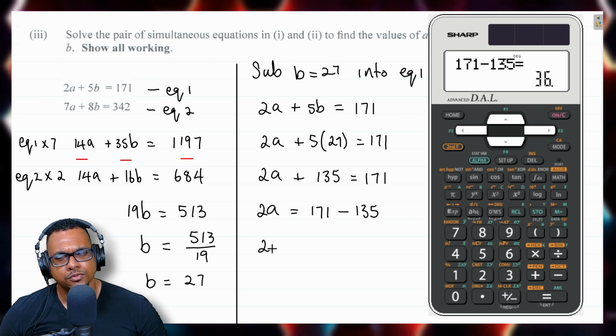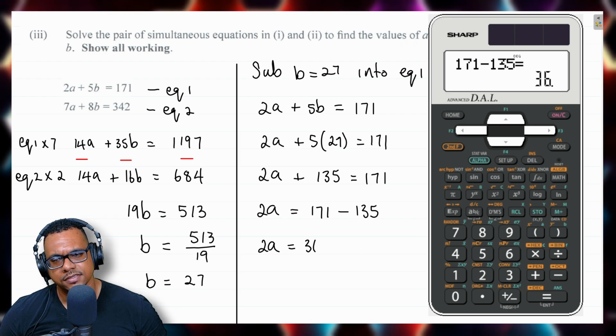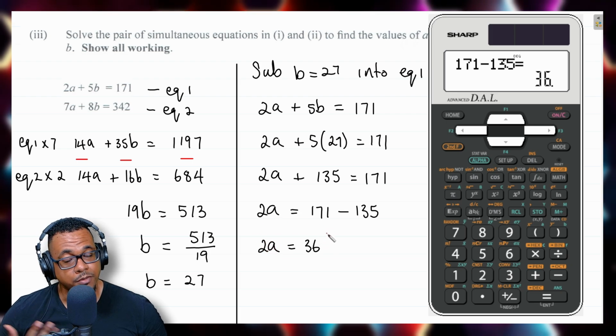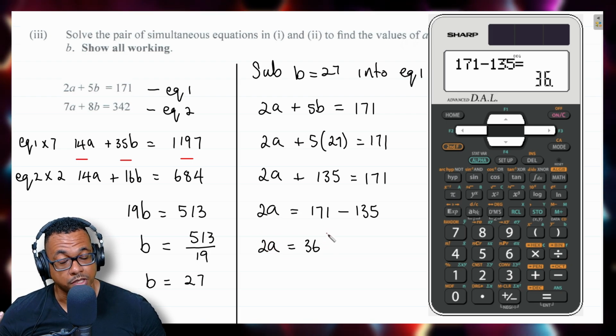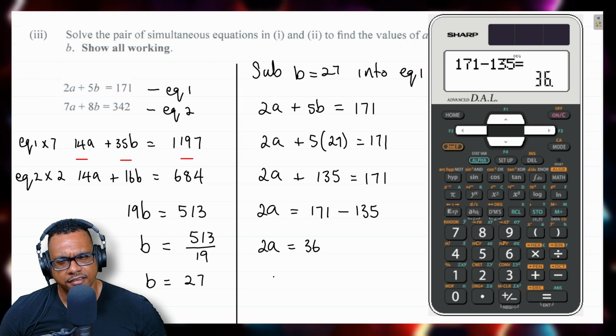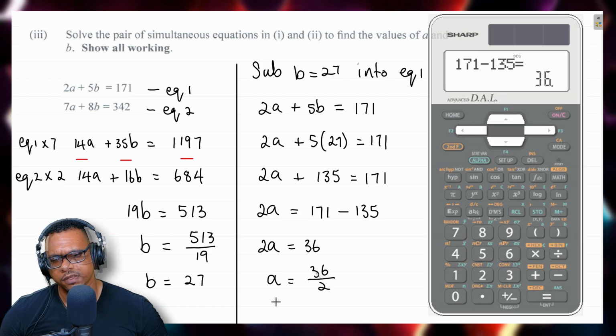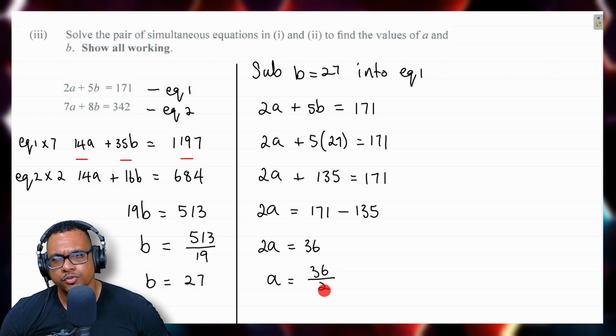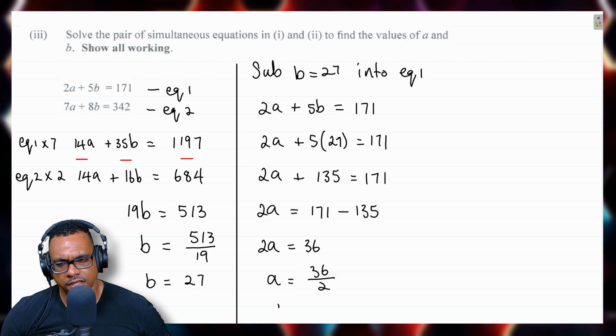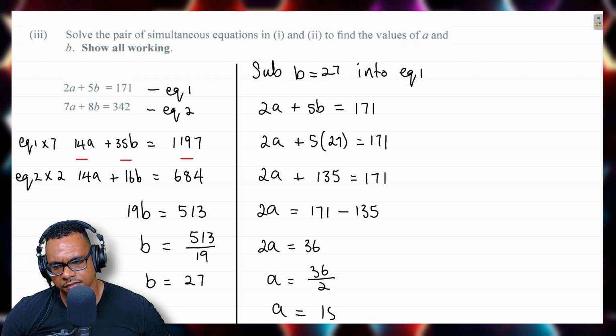So we're going to have 2A is equal to 36. And again, the 2 is being multiplied by the A, so we transfer 2 across. The operation will change to division, the opposite of multiplication. So we'll have A is equal to 36 divided by 2. So 36 divided by 2 will be 18. So A will be equal to 18.